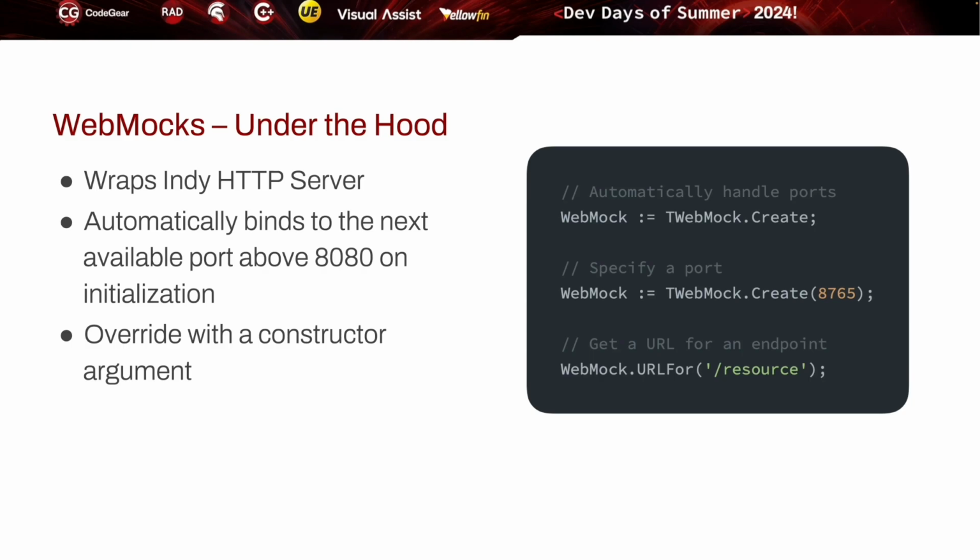That's going to attempt to bind to that port for you. And because your client isn't going to know what port your WebMock is configured for, make use of WebMock.URLFor, which will give you a URL for the configured WebMock.